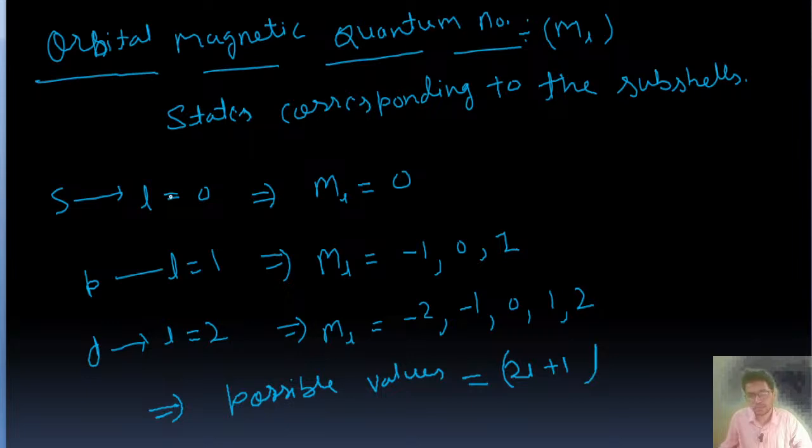Like for L equal to 1, 2 into 1 plus 1 is 3. For L equal to 2, 2 into 2 is 4, plus 1 is 5. So for L equal to 0, the ml value is 0; for L equal to 1, there are 3 values of ml; for L equal to 2, there are 5 values of ml. So this is the orbital magnetic quantum number, ml.